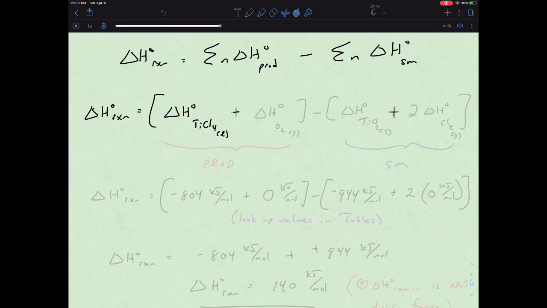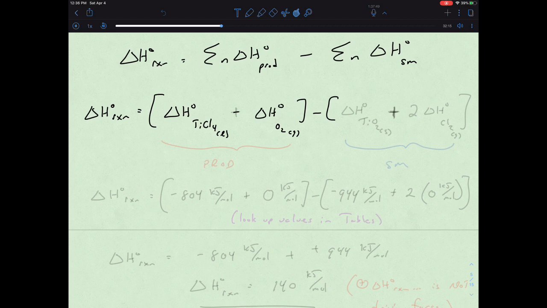We then have our oxygen as well. And then that's going to be minus our starting materials.